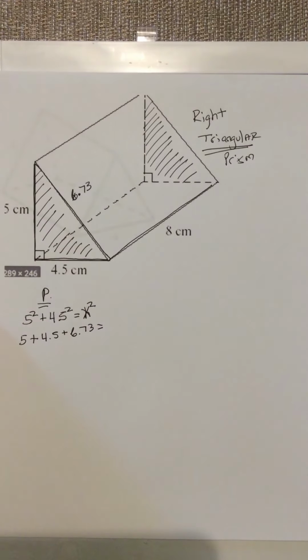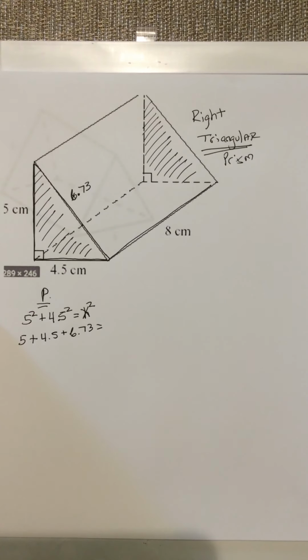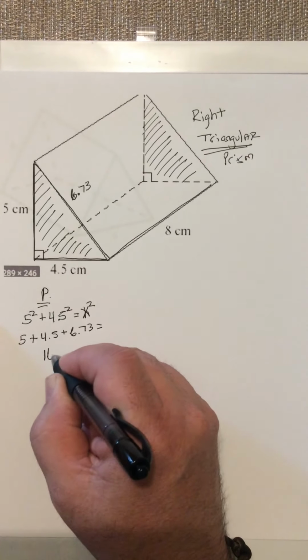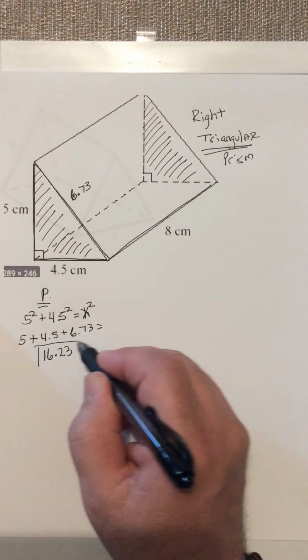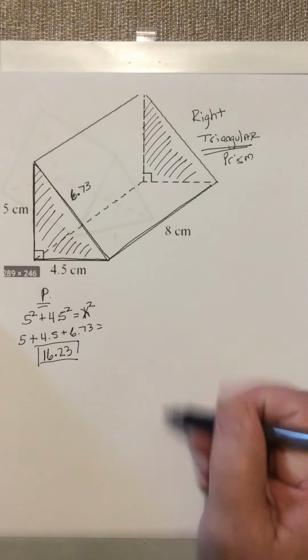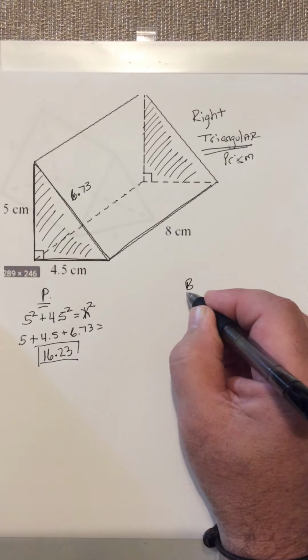So now the perimeter of my base is going to be 5 plus 4.5 plus 6.73. If we add all that up, I come up with 16.23. So there's the perimeter of my base. I also need the area of my base.